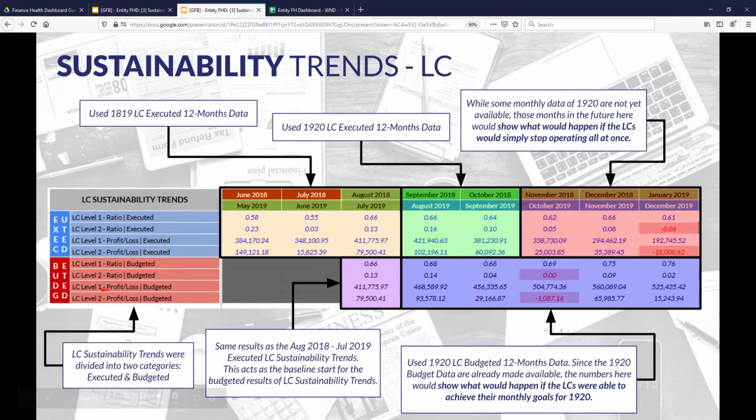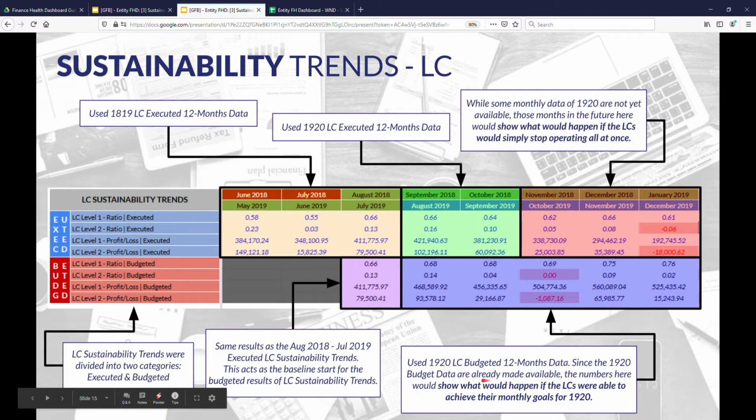Now, in terms of budgeted, the budgeted actually starts from July 2019 data. This is the same result as the one on LC executed trends, just the base start line. Then the rest, the purple part, uses 1920 LC budgeted 12 months data.